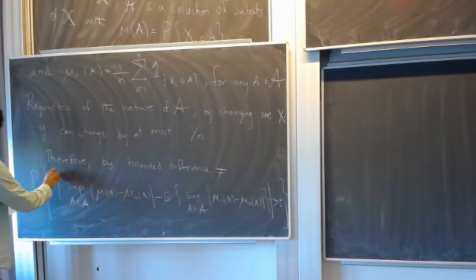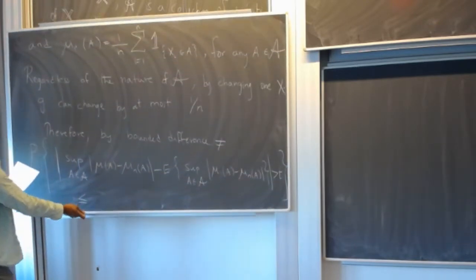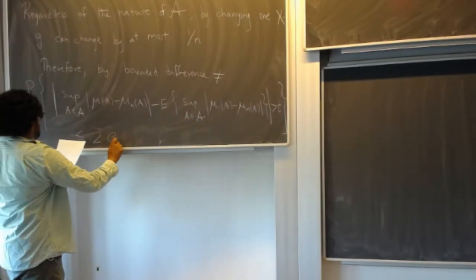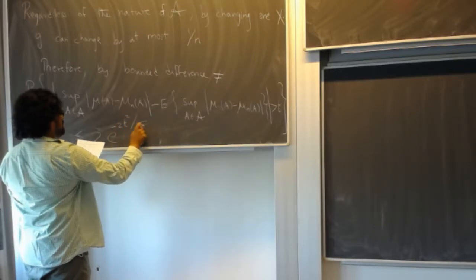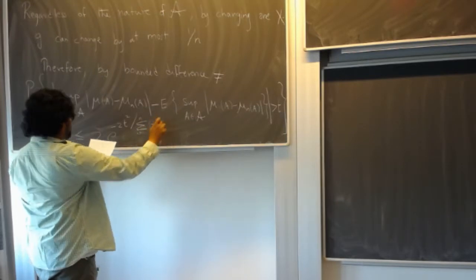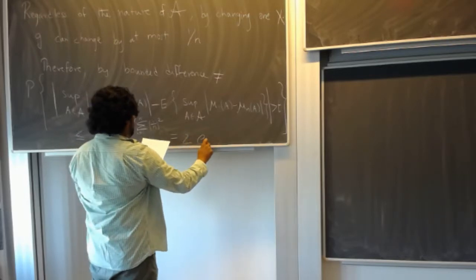is less than or equal to 2 times e to the minus 2t squared divided by the summation as i goes from 1 to n of 1 over n the whole squared. So this is from our bounded difference inequality.